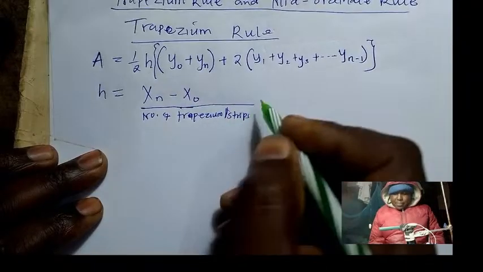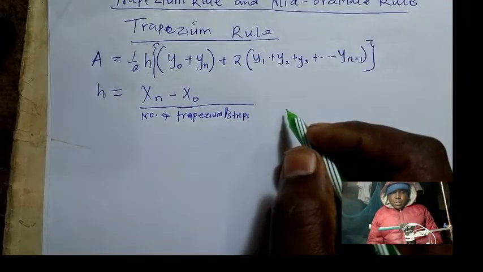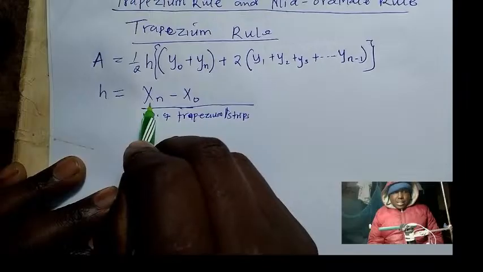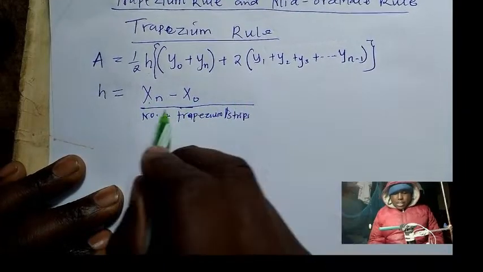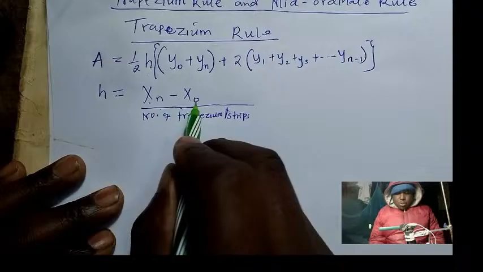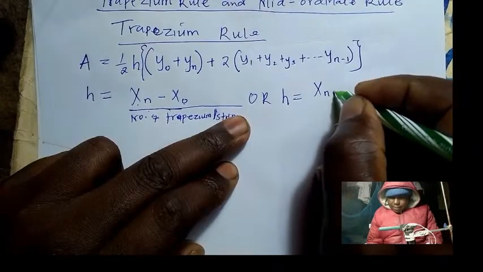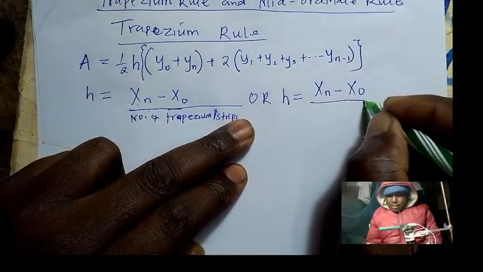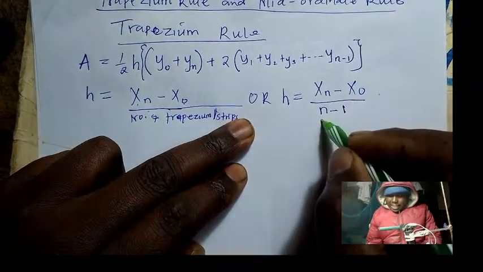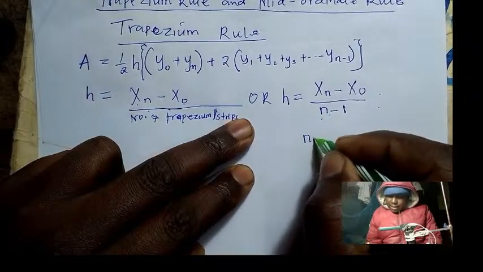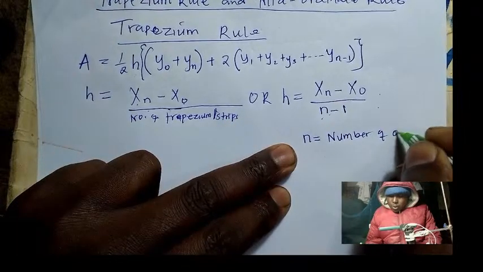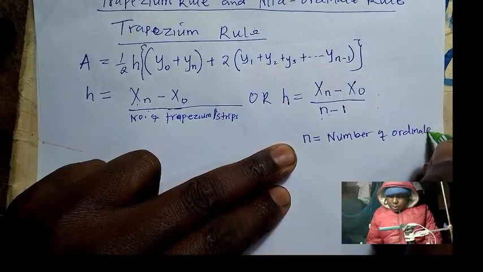When you are given use 4 strips, use 5 strips, use 4 trapeziums, use 5 trapeziums, you just find the final value of x and the initial value of x, and then you subtract, and divide by n minus 1. n is equal to the number of ordinates.